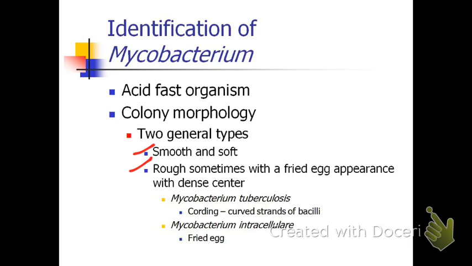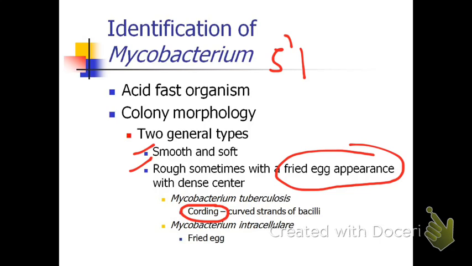Fried egg appearance or cauliflower-like colonies are some of the adjectives that would describe Mycobacterium tuberculosis. The colonies would also have the serpentine cord formation, a virulence factor. I forgot to mention, but the sugar that is primarily responsible for the serpentine cord formation is trehalose.